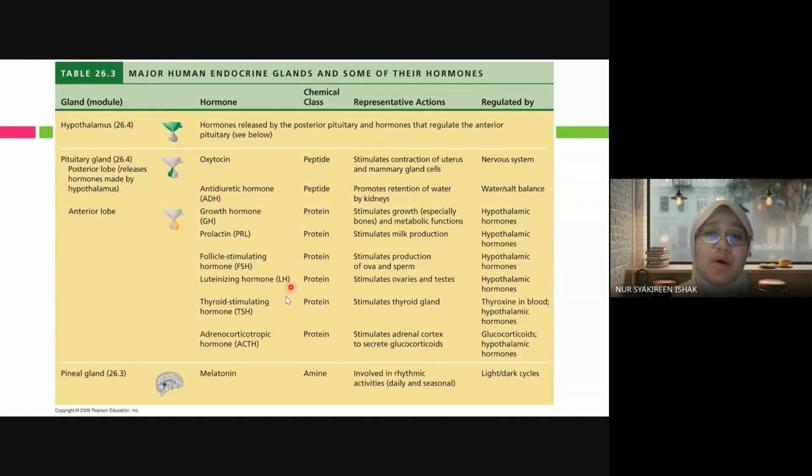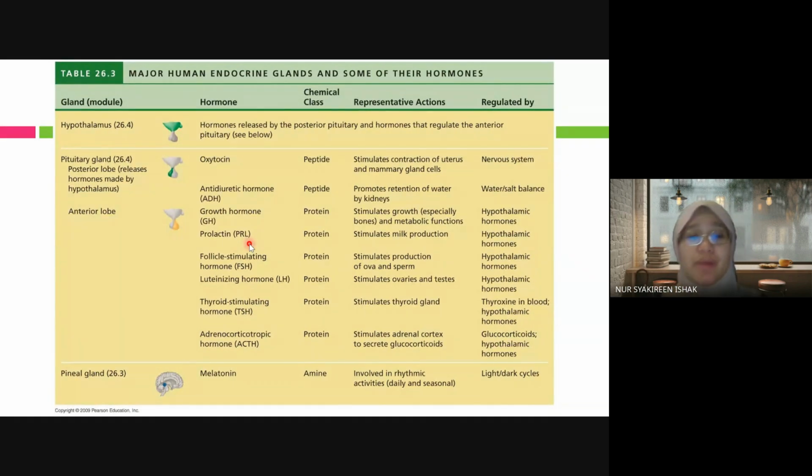FSH, on the other hand, is also considered a tropic hormone because the target organ is the ovary, and it causes the ovary to secrete estrogen. So that term we call tropic hormones. An endocrine gland produces a hormone, and that hormone is a tropic hormone if it causes another gland to secrete hormones.